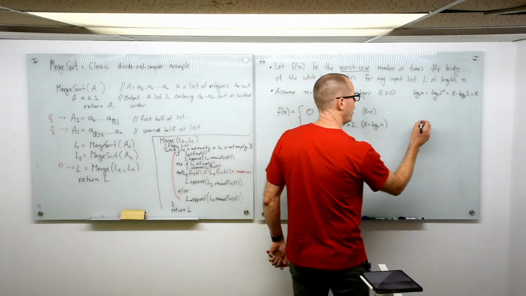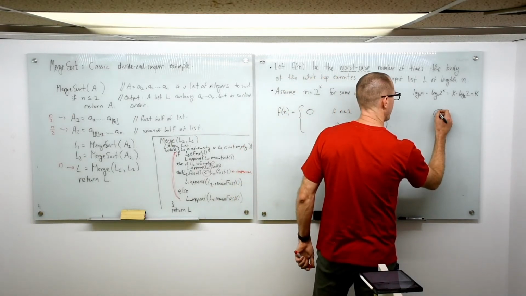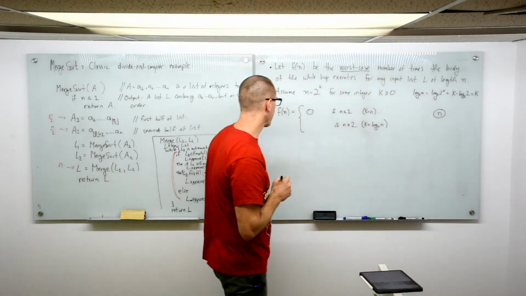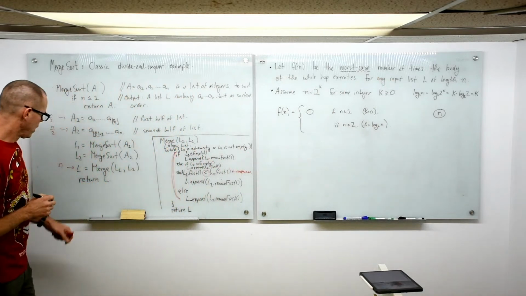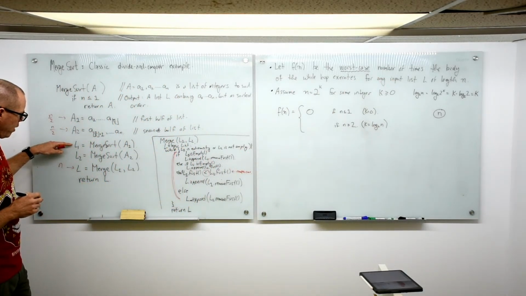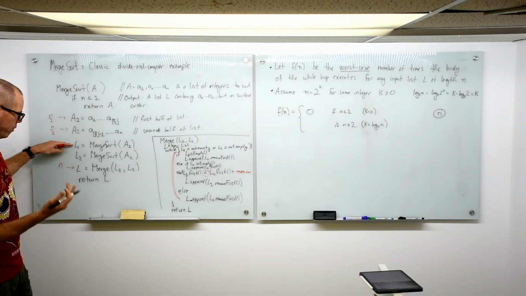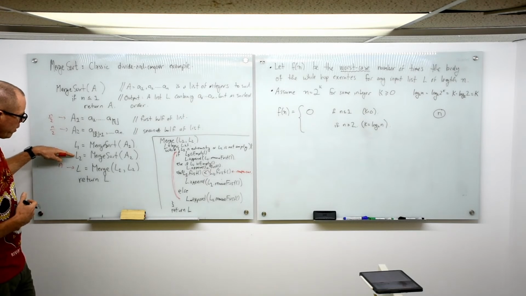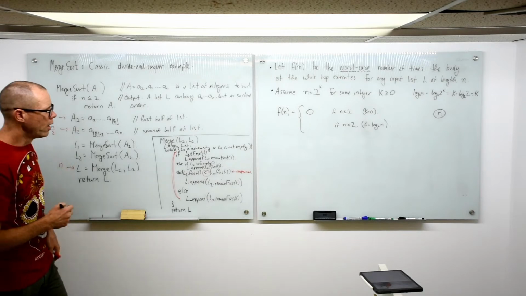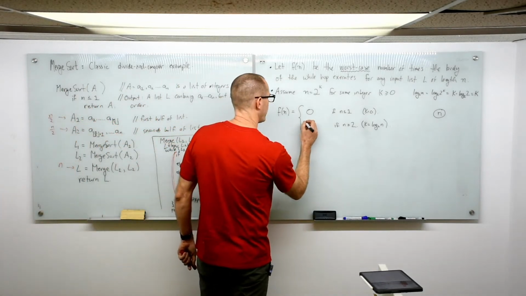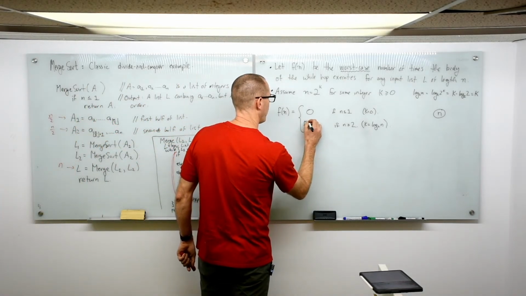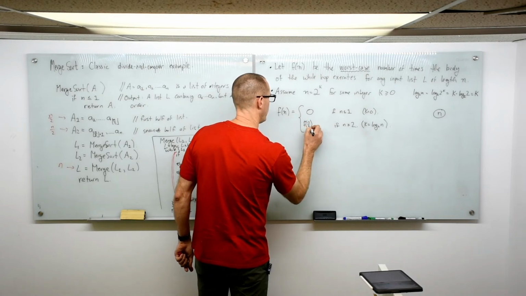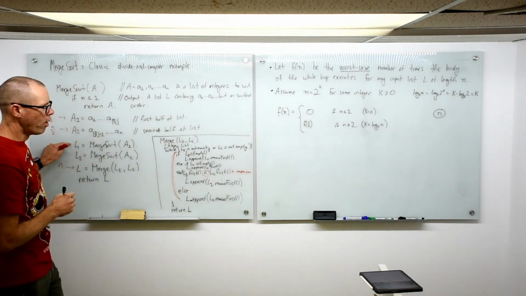So we start out with this list of length n. We recursively sort a list L1 of length n over 2, so that means we're going to have an f of n over 2 for sorting L1.